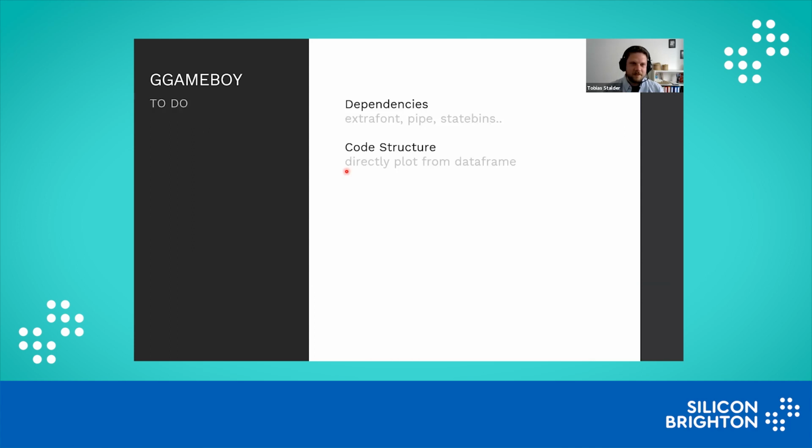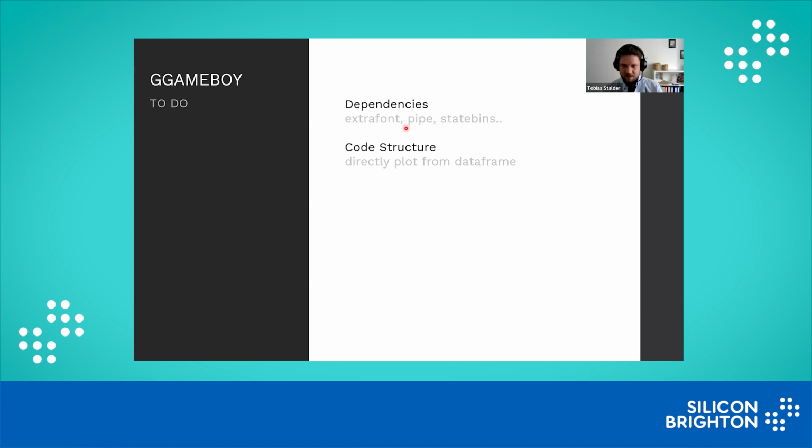So I have a lot to do with this package. It's in a very raw form, and I didn't make an update in the last nine months or something. I have the statebins dependency that I want to avoid. I also have some code written that solves this problem, but it's not live yet.